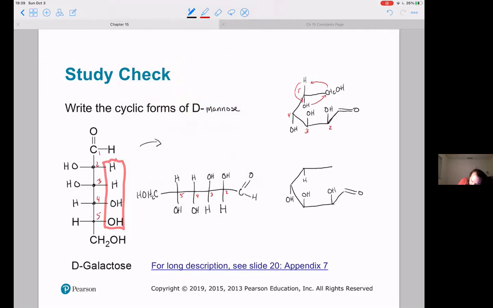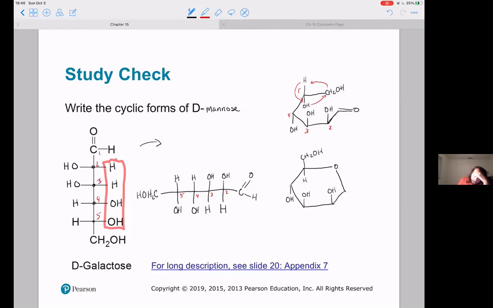Now a hydrogen should be here. The OH group is there, and this is the CH2OH. Okay, and now the last step is going to be to draw a bond between this oxygen and the anomeric carbon. For the sake of saving time, I'm just going to erase to make new bonds. So that would go there.